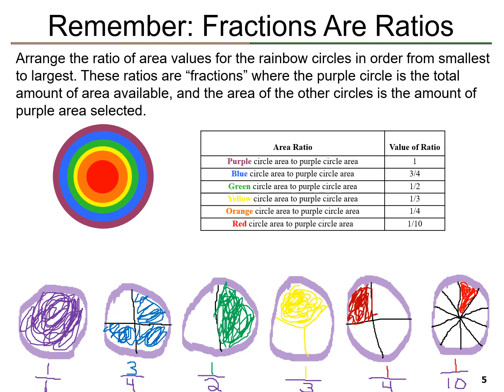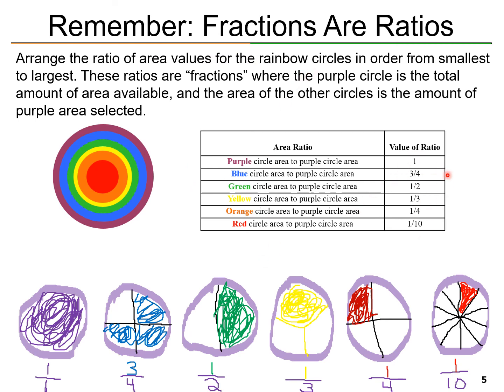So basically, even though the shapes are different in these 6 different cases down here, it still is representing the situation up here, where this red circle represents 1/10 of the total, just like this red piece here represents 1/10 of the total. Okay, and so the question was, arrange the ratio areas in order from smallest to largest.